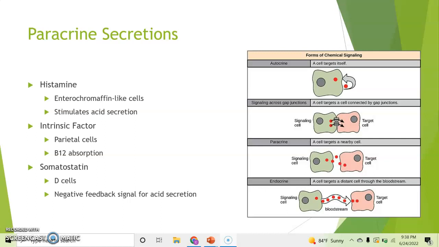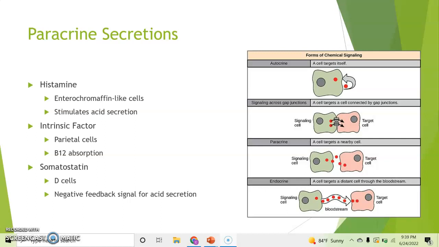All right, and now I'll talk about some different paracrine secretions. First, we have histamine. Histamine stimulates acid secretion. It is secreted by ECL cells in response to gastrin or acetylcholine stimulation.